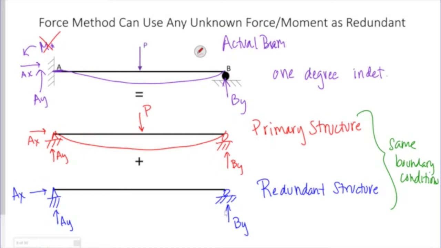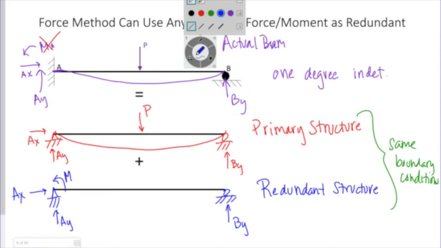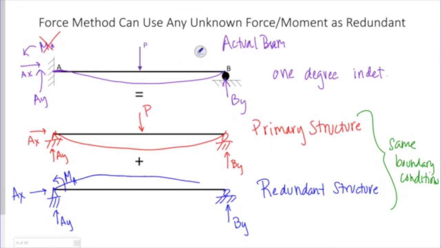So I don't want it to rotate. I want my redundant structure to prevent that rotation. So my redundant structure is going to apply a moment at A. So that now it's going to look like that.